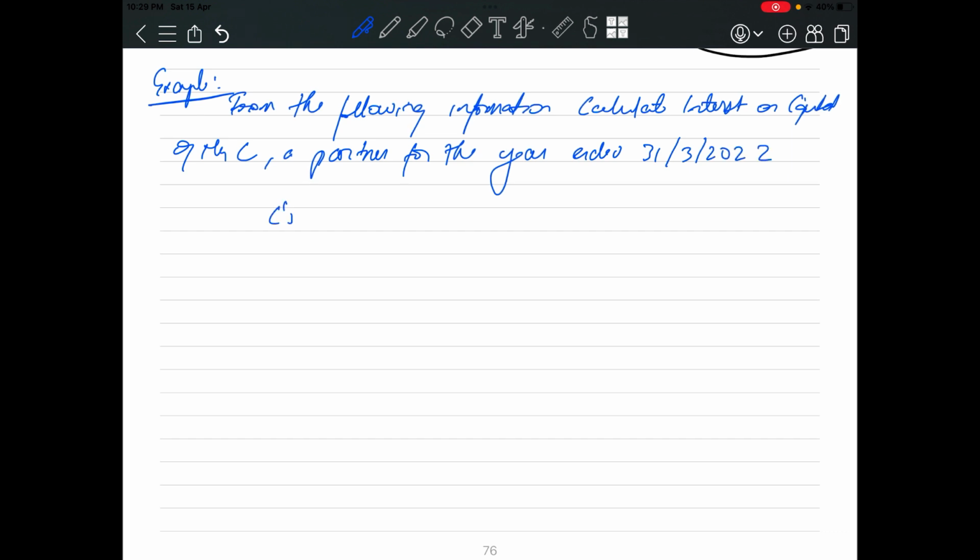The additional information given is C's capital on 31st/3/2022 is rupees 12 lakh. See, this is the closing capital.